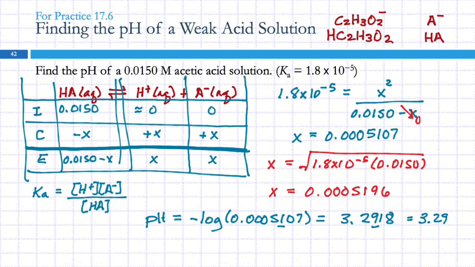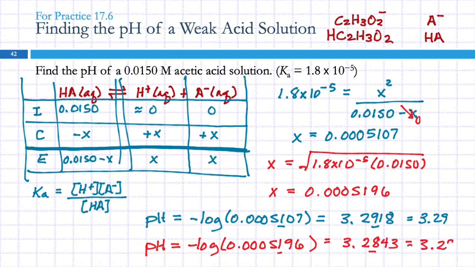And now I'm just going to do that also with the X is small version, to see what kind of a difference it makes in the pH. 0.2843. 3.28.